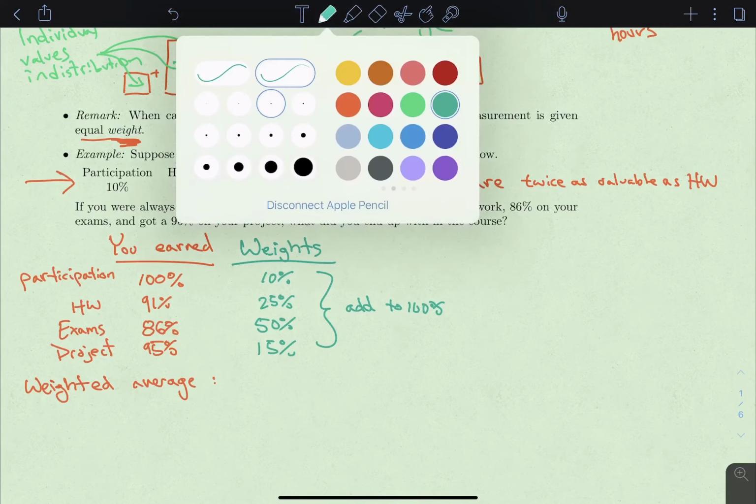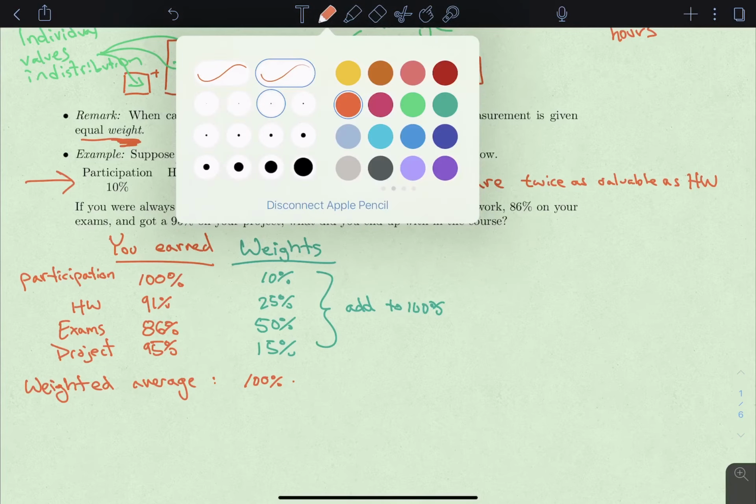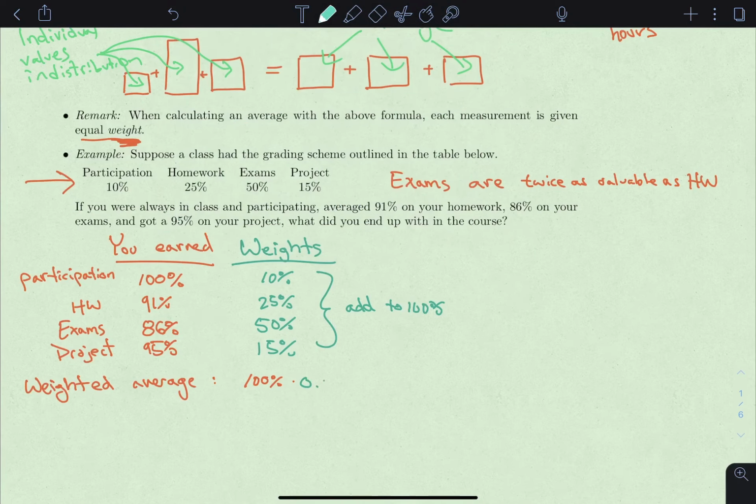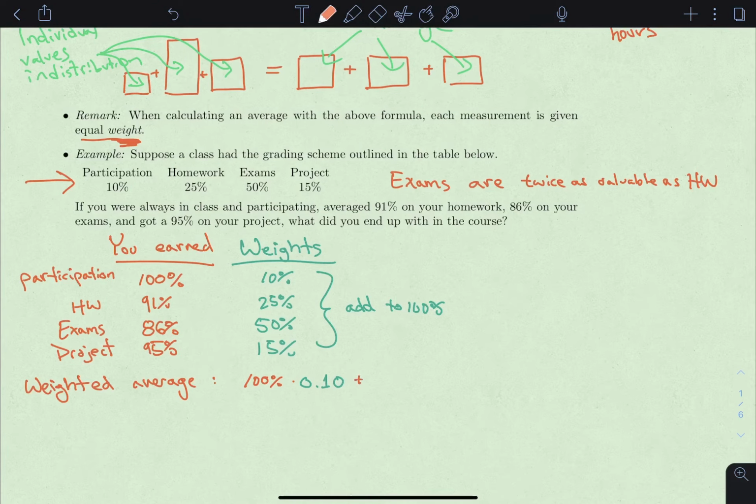The way this is going to work is we multiply what you earned by its associated weight. So we'll have 100%, and we'll multiply that by the weight as a decimal. Remember, percents represent part of a whole, and that's why the weights add up to 100%. In order to use the percent, you need to convert it back into a proportion.